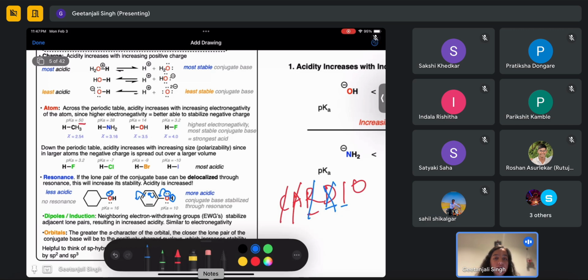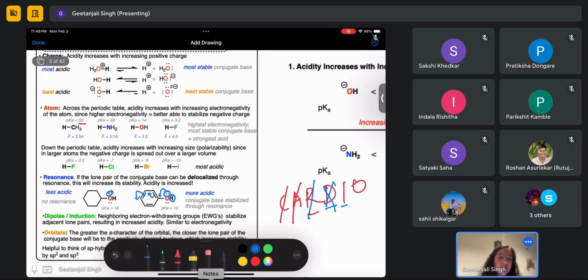Electron withdrawing elements are electronegative elements that try to pull the electron density towards themselves. Once it starts pulling electron density towards itself, it becomes easier for the compound to lose H, because the density shifts from H towards the more electronegative atom. The easier it becomes for the compound to lose H, the more acidic it becomes.